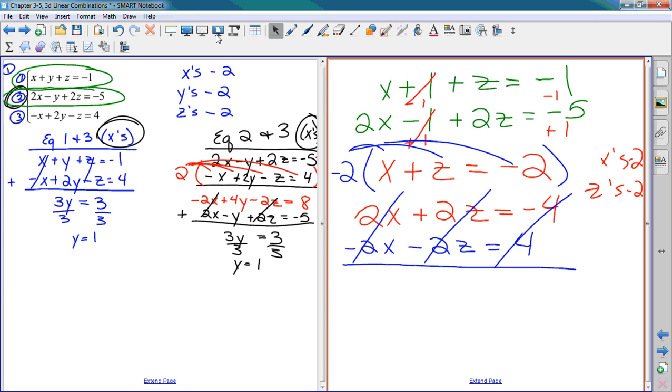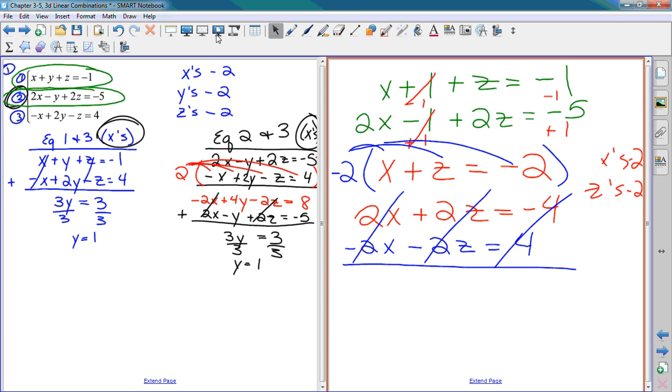Parallel. Remember, parallel lines don't have a solution, right? Well, guess what? Is it possible to have 2 lines in outer space or in 3-dimensional space that never intersect? Yeah, they float across.